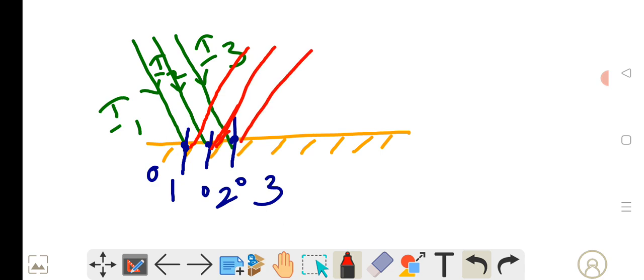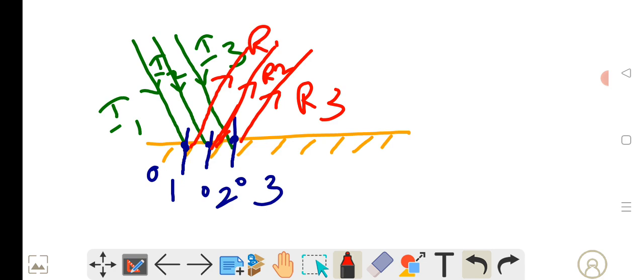So if you have parallel incident rays falling on a surface, the reflected rays also will be parallel to each other, because the normals are also parallel to each other. With the laws of reflection only we can prove this. Understood? So this is regular reflection.